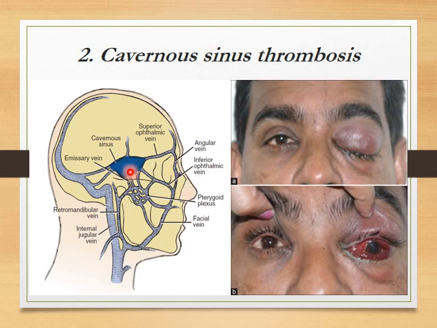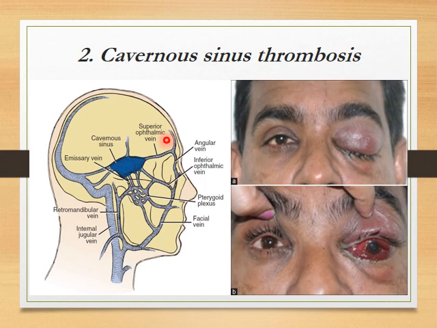In the anterior route, infection erodes through the angular vein to the superior ophthalmic or inferior ophthalmic vein, which passes through the superior orbital fissure and extends to the cavernous sinus. So either from the superior ophthalmic or inferior ophthalmic vein. This is the anterior route.